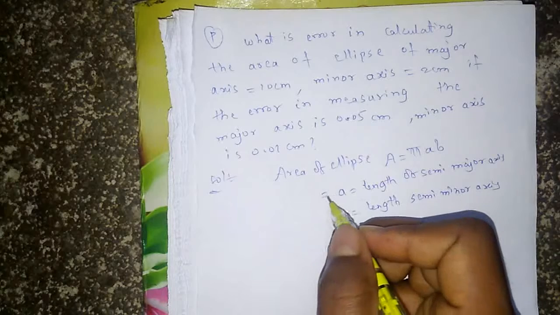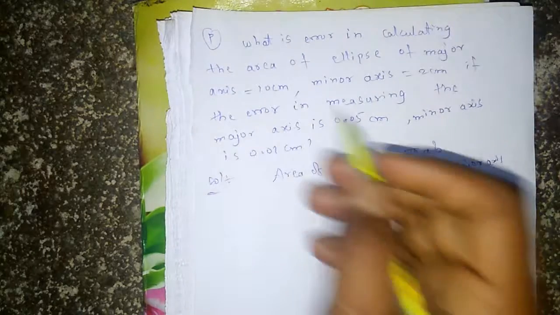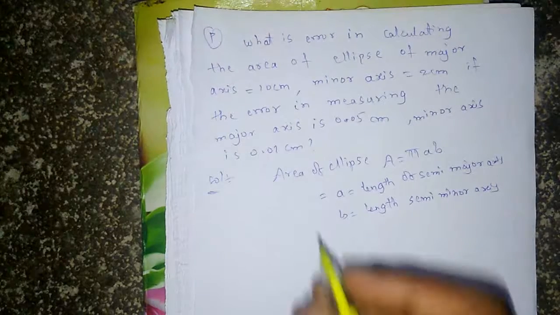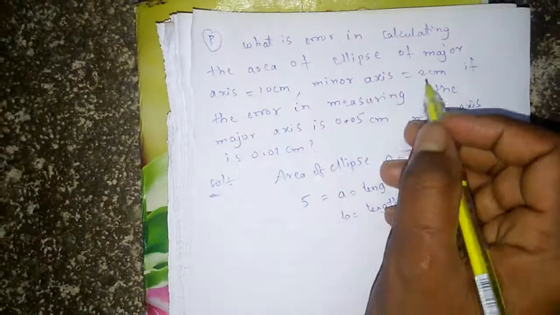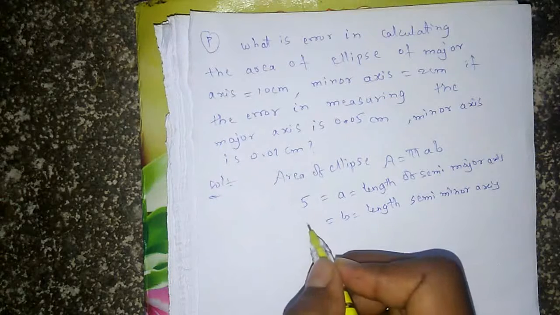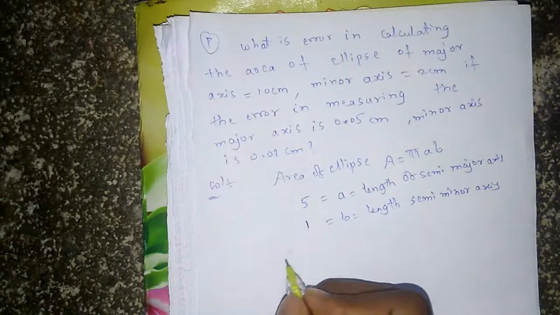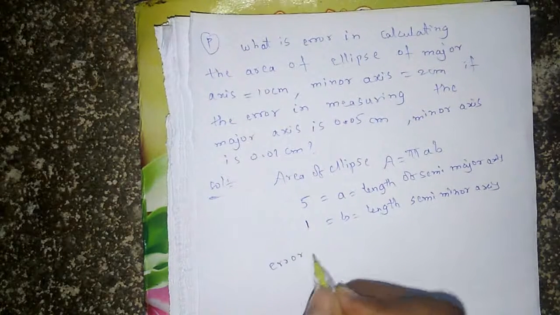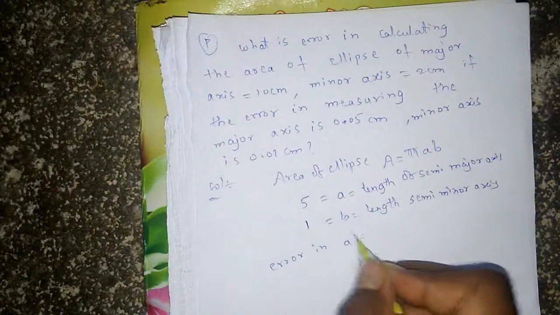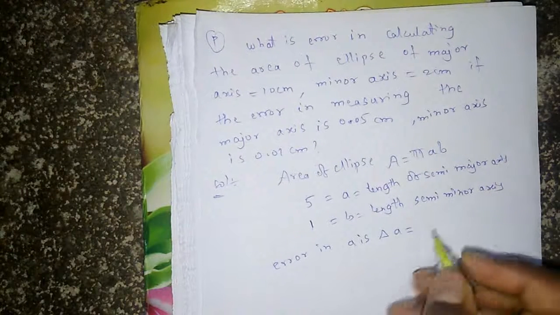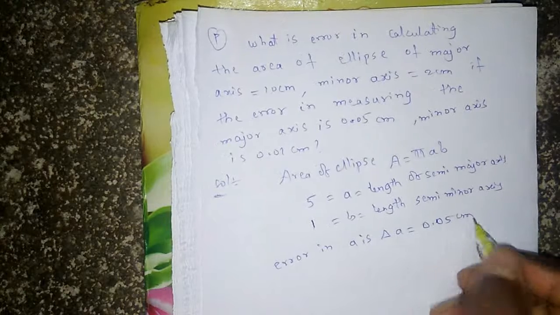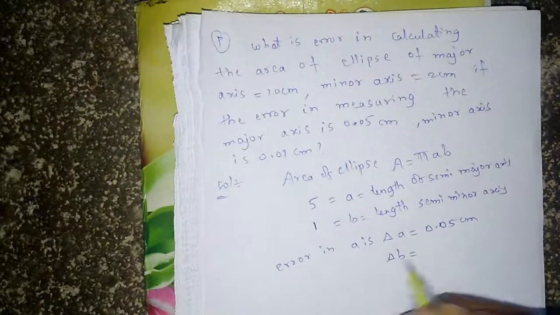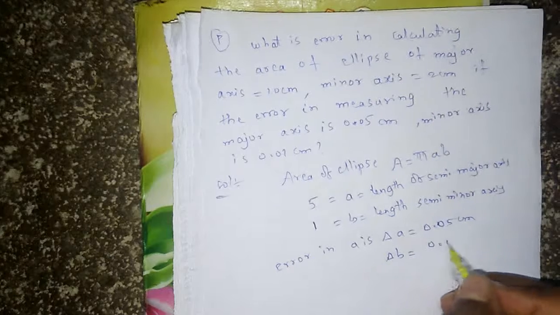Length of major axis is given as 10, so here length of semi major axis is 10 by 2, that is equal to 5. Length of minor axis is given as 2, therefore b is equal to 2 by 2, that is equal to 1. And error in a is delta a is equal to 0.05 centimeter, and delta b is equal to 0.01 centimeter.